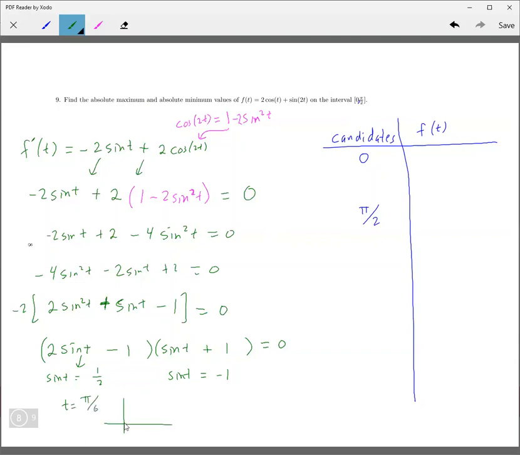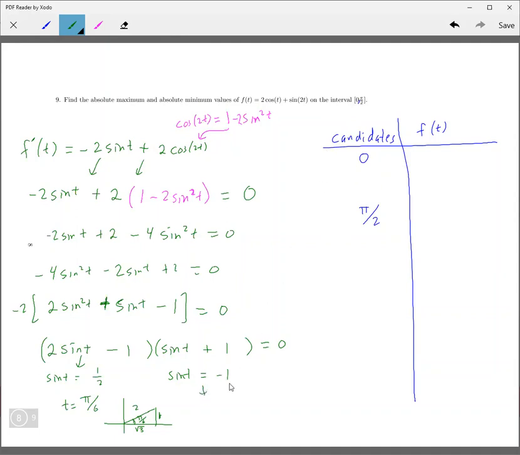Because with the pi over 6 angle, the ratio of the 3 sides is 1, 2, 3. So the sine is 1 over 2. So sine of pi over 6 is 1/2. So that's the only angle between 0 and pi over 2 that does that.